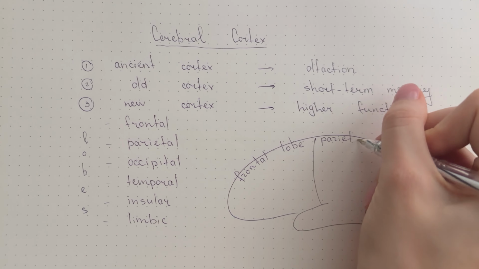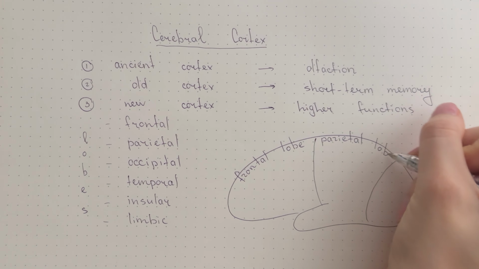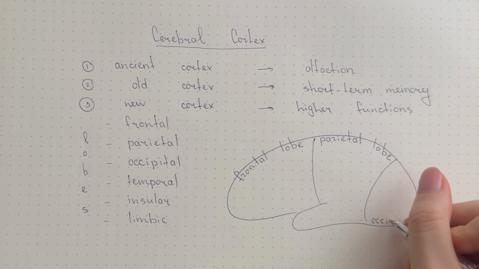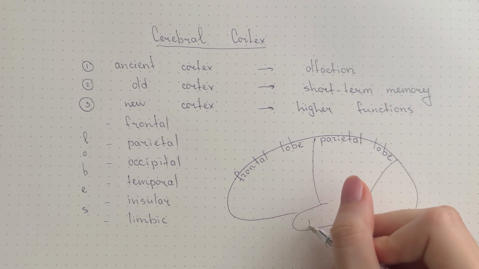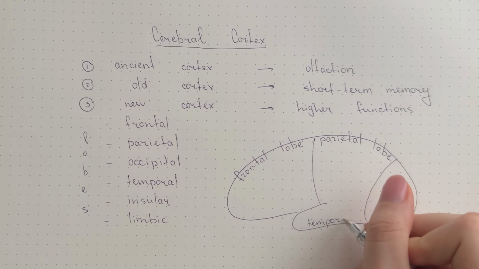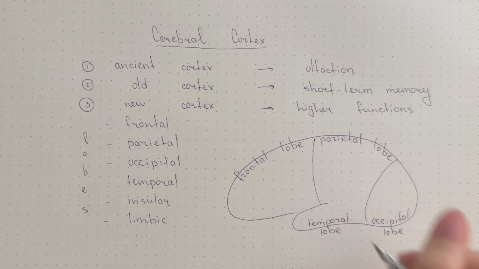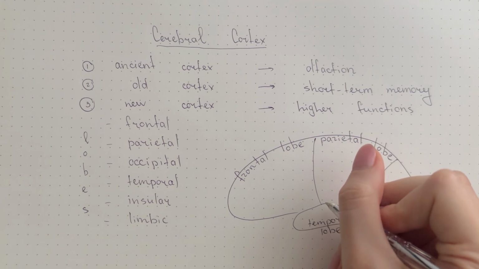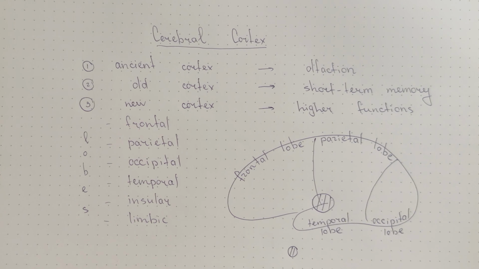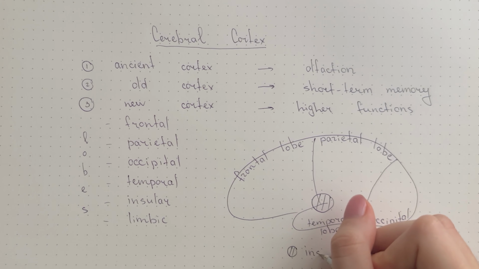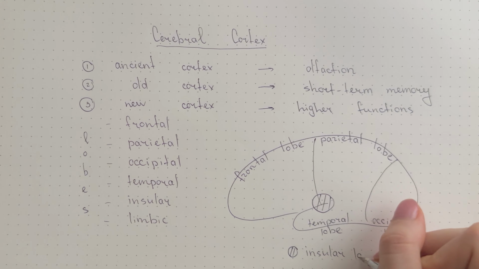The most posterior position is occupied by the occipital lobe. The lowest position is taken by the temporal lobe, which is separated from the rest of the brain by a deep lateral sulcus. The bottom of this sulcus forms an impressive expansion. This is the insular lobe.